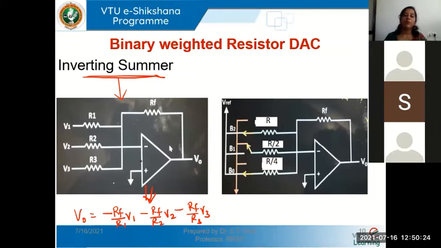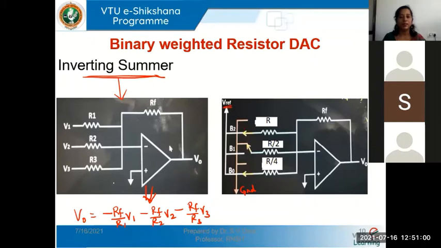Now, if I want to convert this inverting summer to a digital to analog converter, there are a few simple changes we are going to make. First, instead of having 3 different input voltages, I am going to connect each of these resistor ends to one of 2 lines through switches. I'll either connect to a DC reference voltage Vref, or I'll connect it to ground. That's how I can give a digital input.